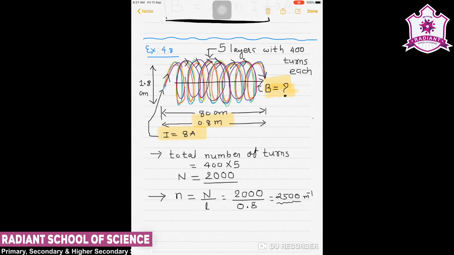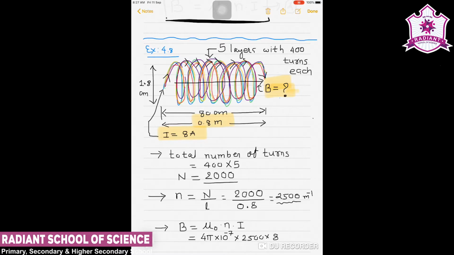Now we need to apply the equation of magnetic field B, that we already know: B equals mu 0 n I. Here we are given all the values. Mu 0 is obviously 4 pi into 10 raised to minus 7, number of turns per unit length is 2500, and current is 8 ampere.